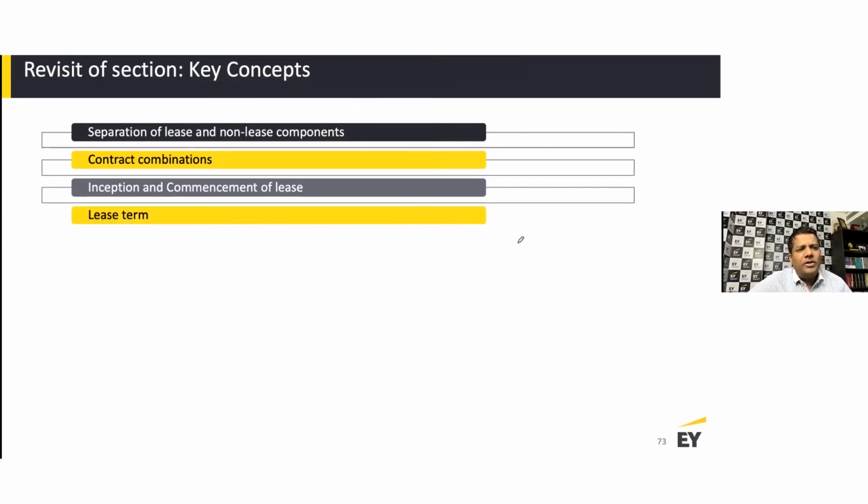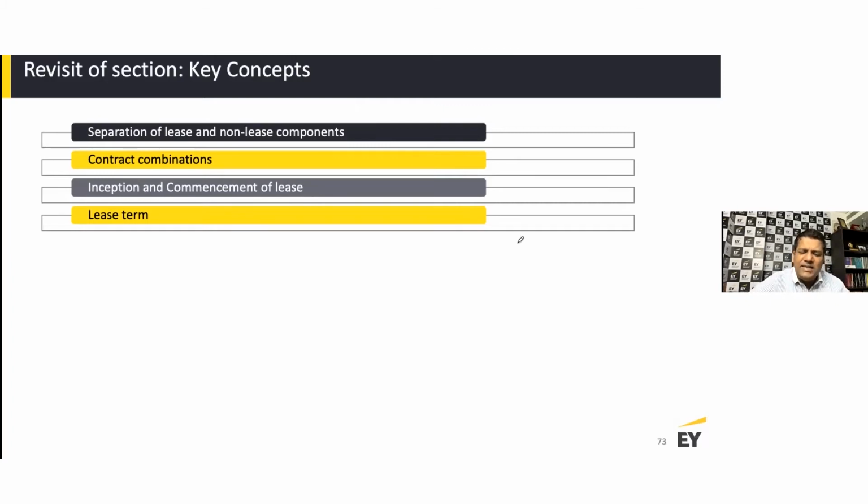Then we talked about the lease term. What is the lease term? We remember the lease term was the non-cancelable period, and then the renewal periods which are reasonably certain to be exercised from a lessee perspective. And then we talked about how, if the termination options are in the control of the lessor, that is considered non-cancelable. If both parties can terminate, then that doesn't matter.